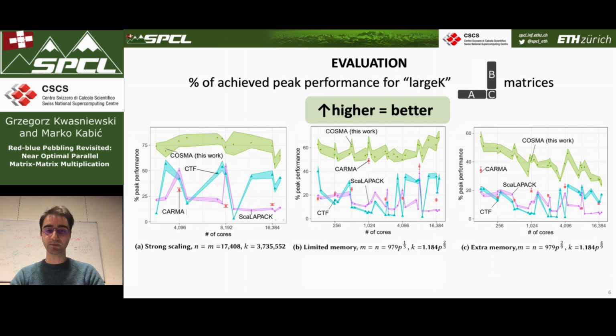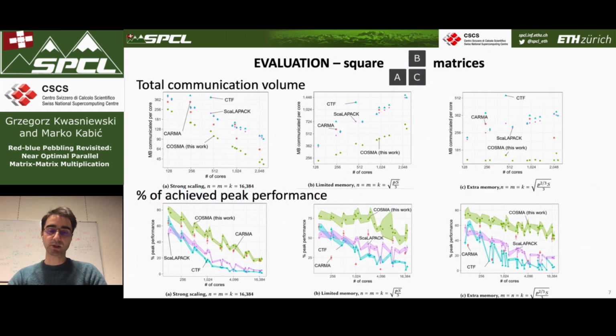So in this plot, higher is better because we want to maximize the throughput. Again, COSMA is shown in green, and COSMA really achieves the highest throughput compared to all the others, and sometimes even achieving up to 90% of the peak performance. Now, these two plots were for the large K shape of the matrices, but a similar thing can be observed also for other shapes of the matrices.